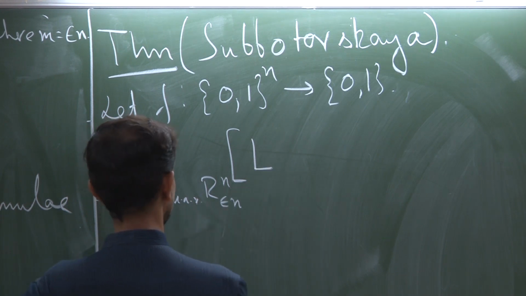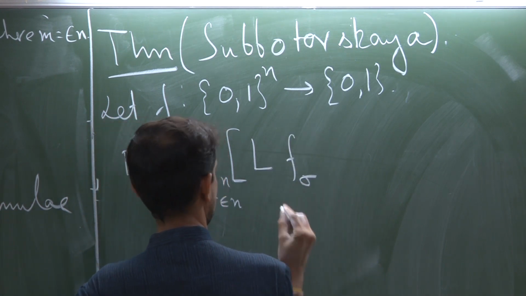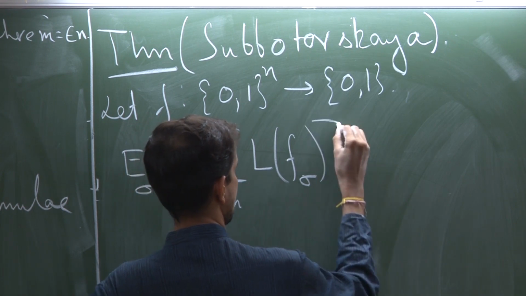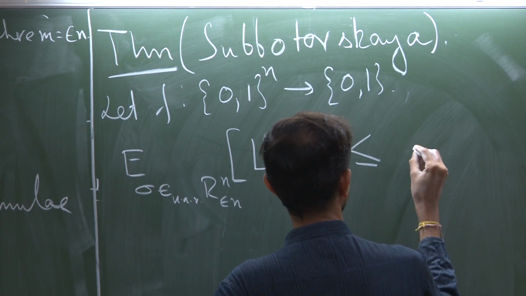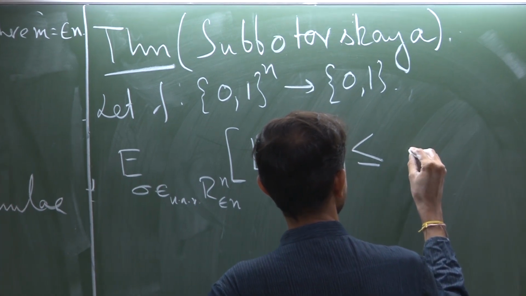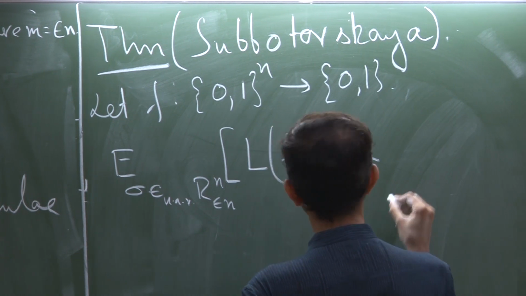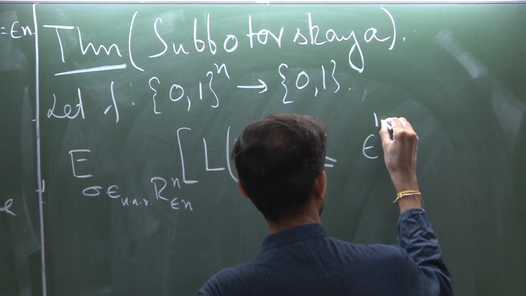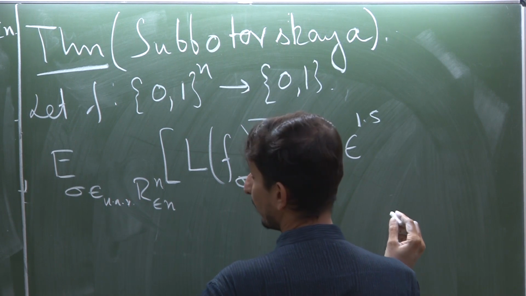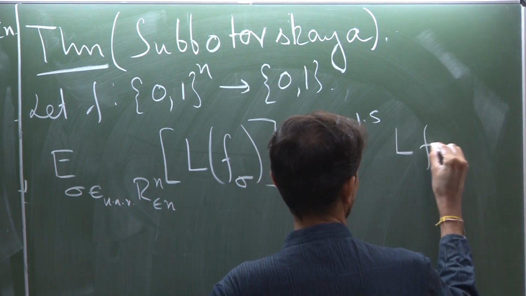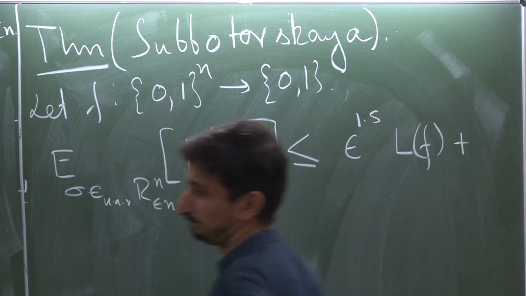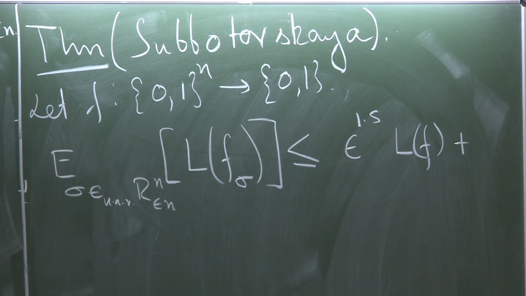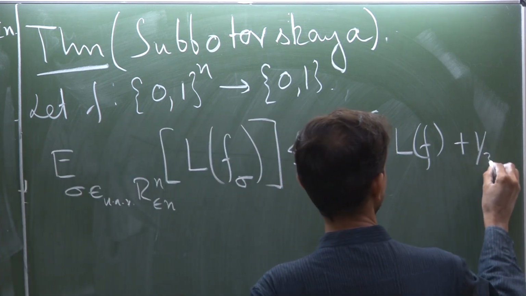and the leaf size of f sigma is bounded by epsilon to the power 1.5 times the leaf size of f plus 1/3.